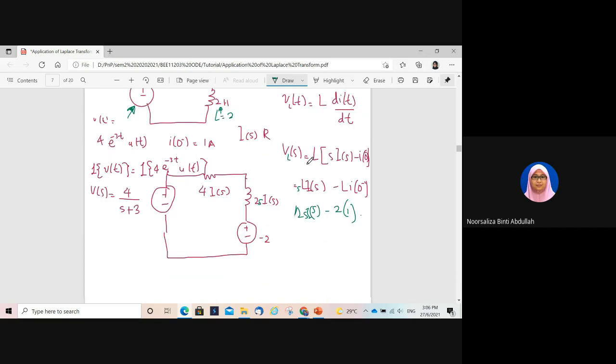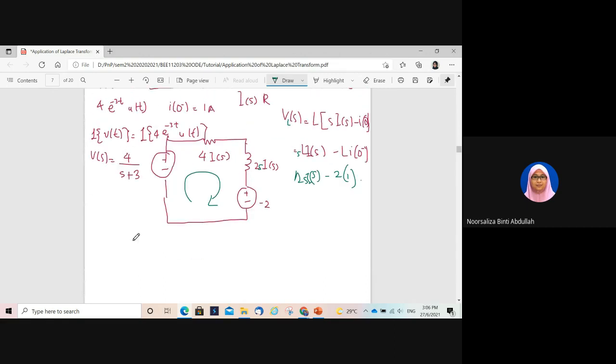Okay, kalau tak ada. Okay, so next step kita analyze this circuit using KVL. So kalau you analyze this one, what you get?